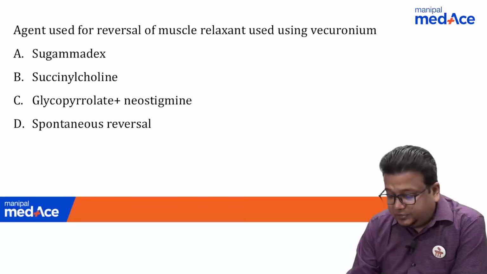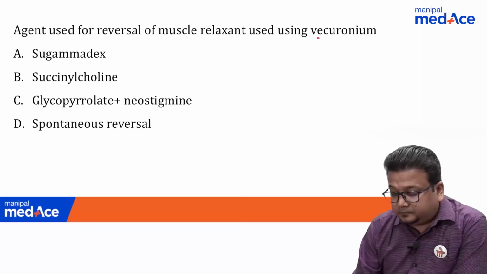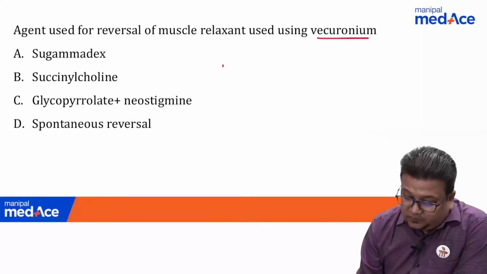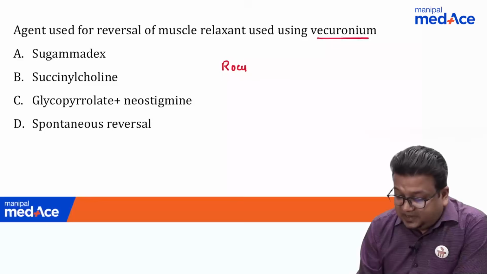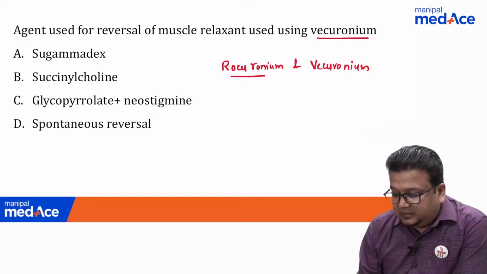Next, agents used for reversal of muscle relaxant using vecuronium. Again, the question that has been given as such in our MCQs. So we know that rocuronium and vecuronium are non-depolarizing muscle relaxants.